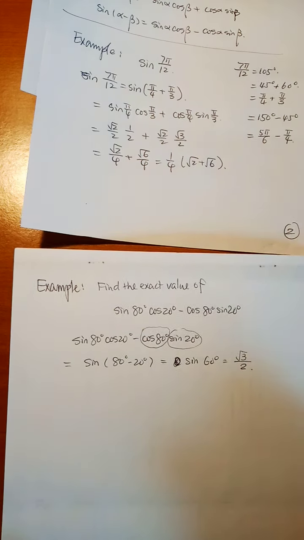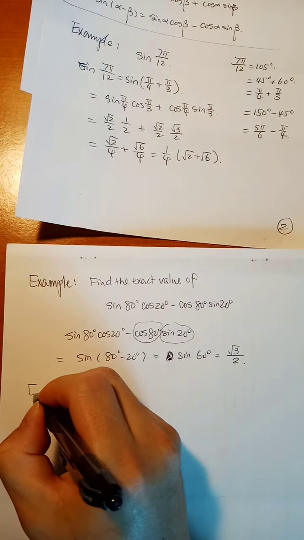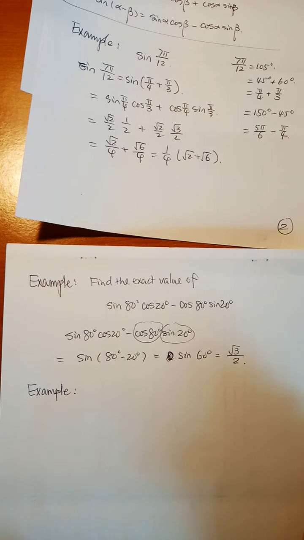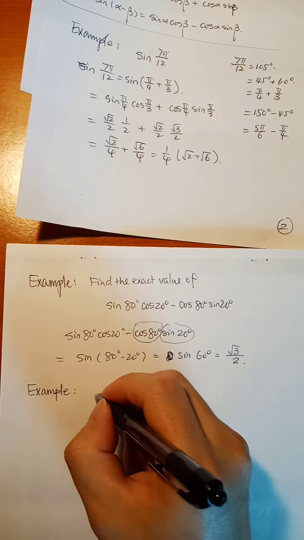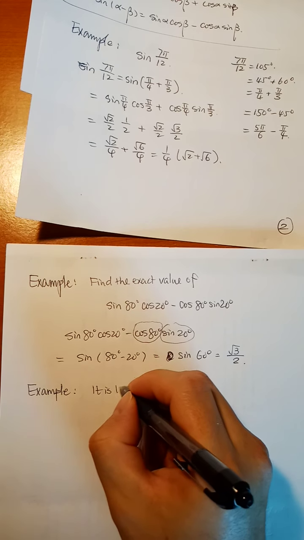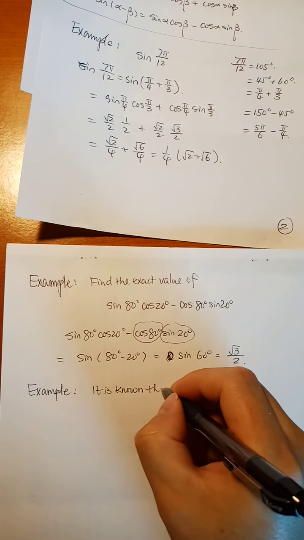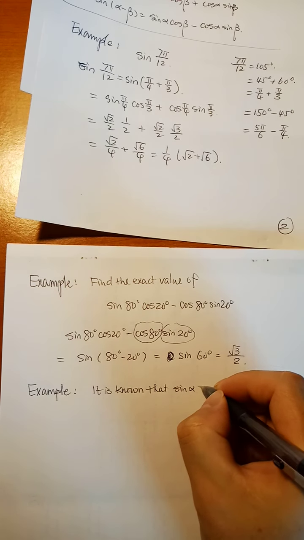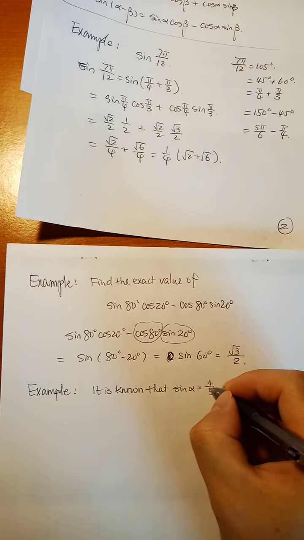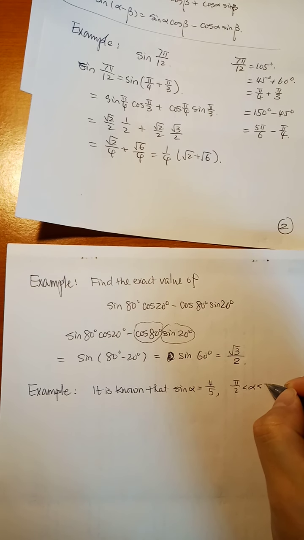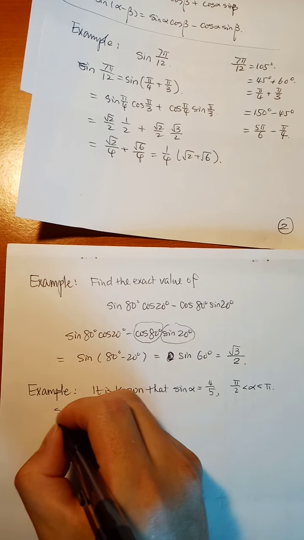Okay. Next. It is known that sine alpha is 4/5. Alpha is between pi/2 and pi.